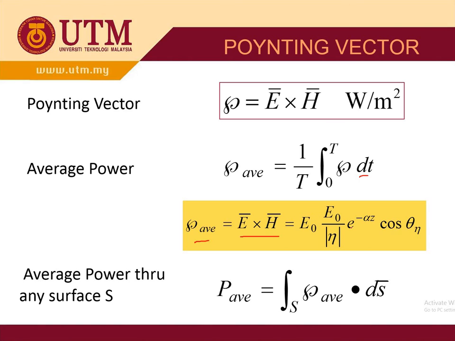Okay, e to the power negative alpha z cos theta n. The average power through any surface S, okay, is P average equals the surface integral over S, dot with the average power that you obtained from here.